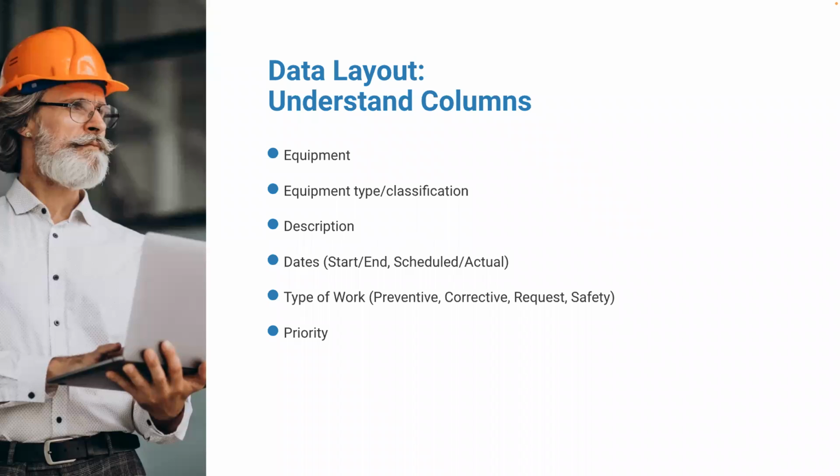So we're going to see a bit more now in terms of data layout to understand the columns. We're going to be looking at equipment classification, description, dates, type of work, and priority. With that, we're going to move to our Excel, okay?